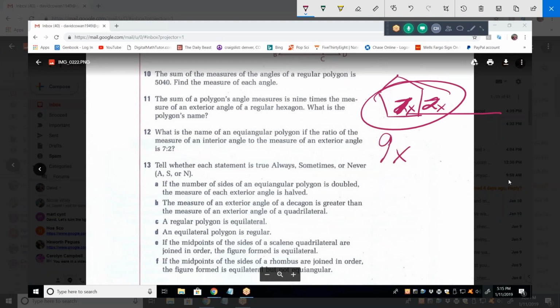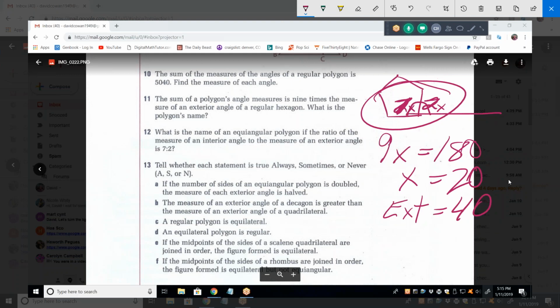And what do we know this angle from here to here is? 180, so 9x equals 180. So it'd be 180 divided by 9. Okay. So we know that the exterior angle is what? It's 20, or x equals 20, so the exterior is 40, so the other angle is 140.